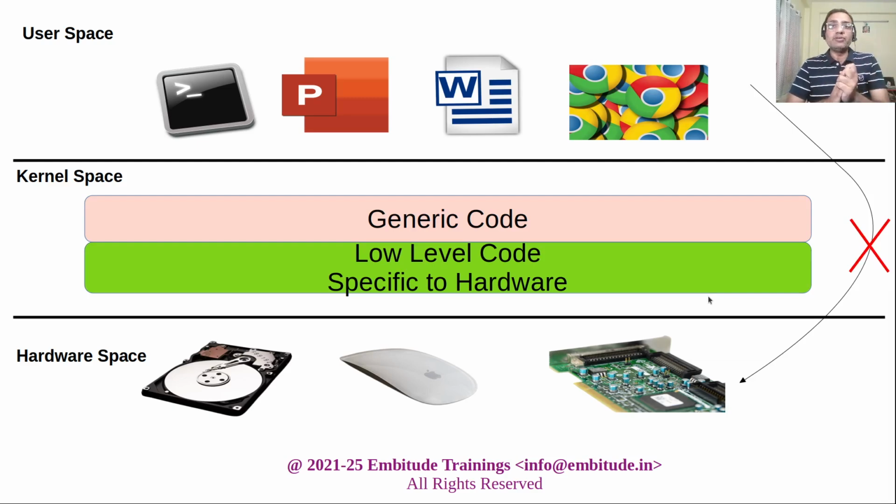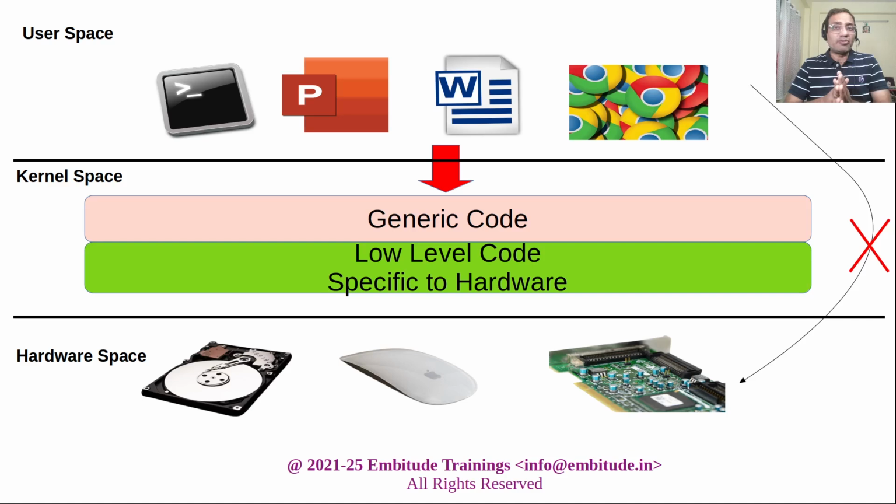What you need to do is take the help of the kernel. This is where the kernel provides some service points which we typically call system calls. So user space can access this particular kernel space or the hardware space through the system calls, or to keep it simple, we can say they are service points provided by the kernel through which the user space can request services from the kernel space.